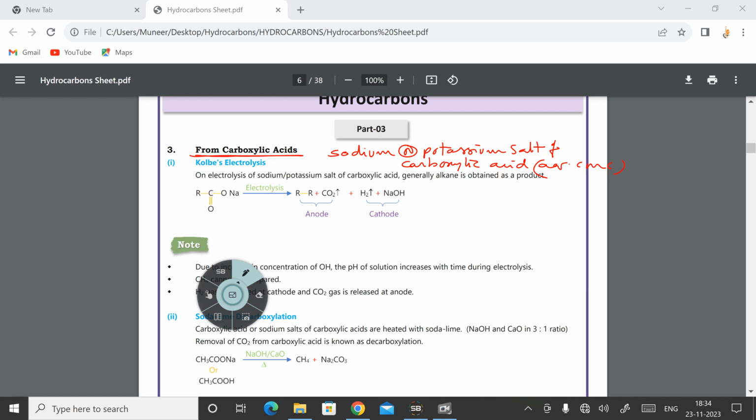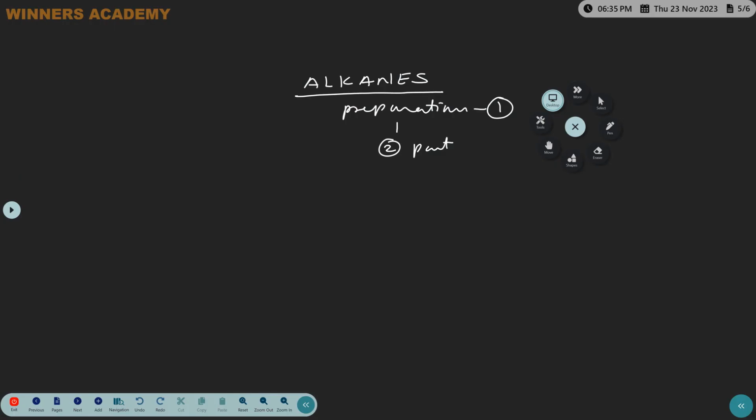Aqueous means in water, concentrated means less quantity of water. When an aqueous concentrated sodium or potassium salt of a carboxylic acid is subjected to electrolysis, an alkane is formed. This reaction is called Kolbe electrolysis.